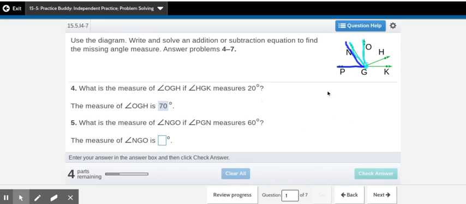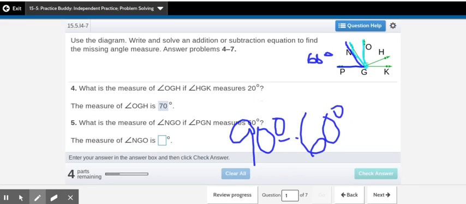So far, again, they said that our PGN is going to be 60 degrees. So if that's the case, this is my 60 degrees over here, and I'm trying to see what the rest of it is. So now, just like I did for the previous question, let me get my 90 degrees. Thank goodness I figured out that it was 90 using that symbol that they gave us, minus the 60 degrees that they told me about.